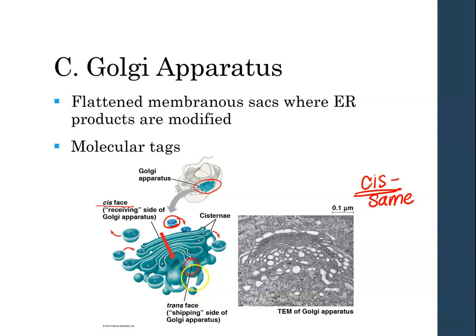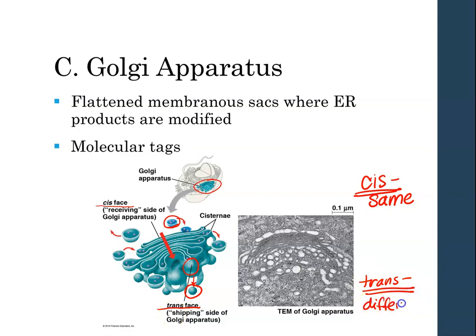Got that pinching starting here, pinch off into a little vesicle where we can ship out our finished product to wherever it needs to go, whether that's somewhere else in the cell or the plasma membrane. It leaves from the trans side. So trans means, you could say, opposite or different.